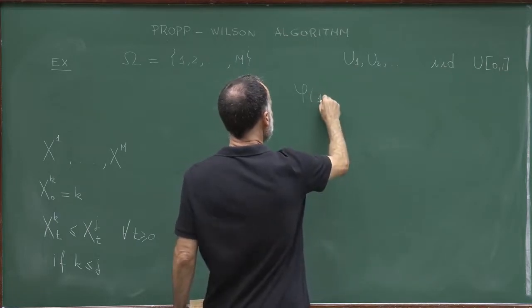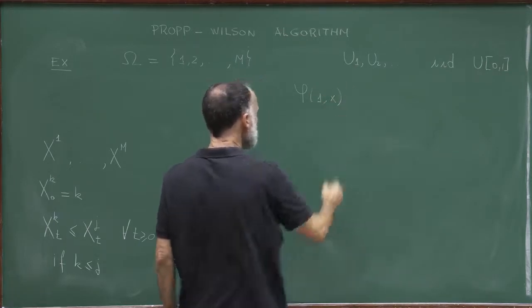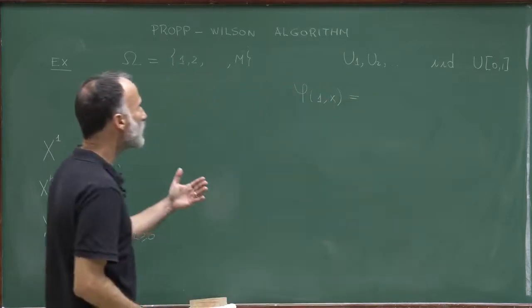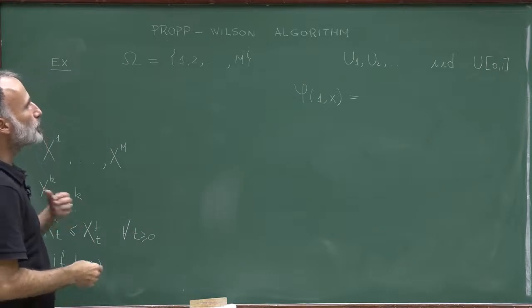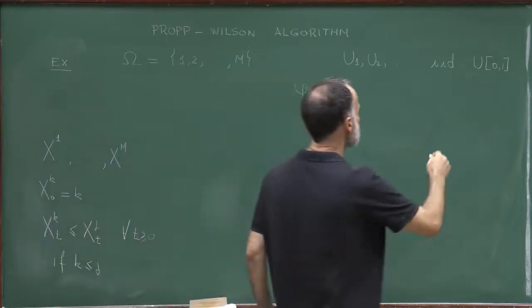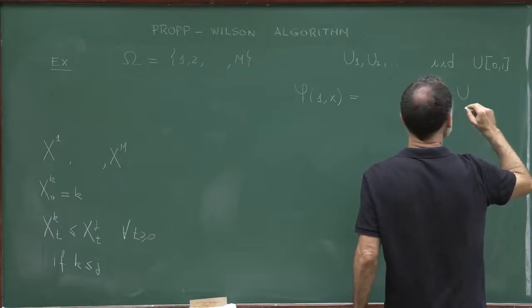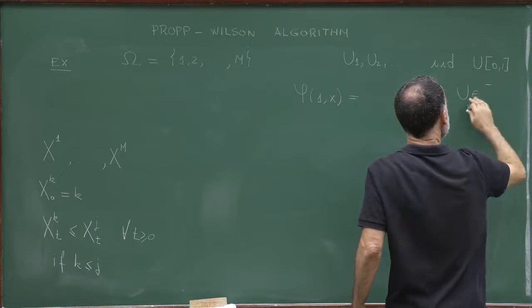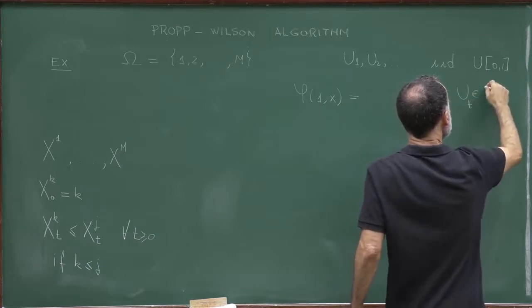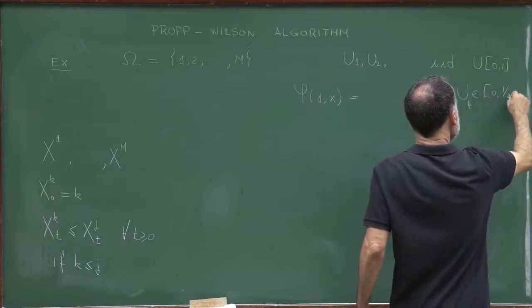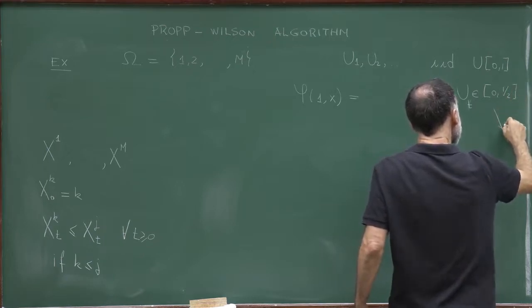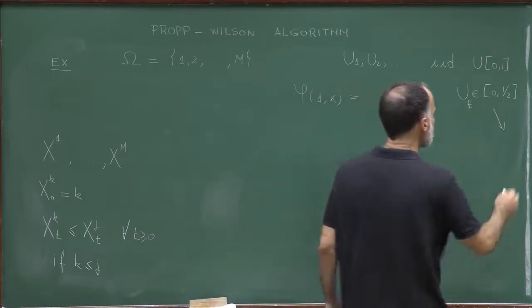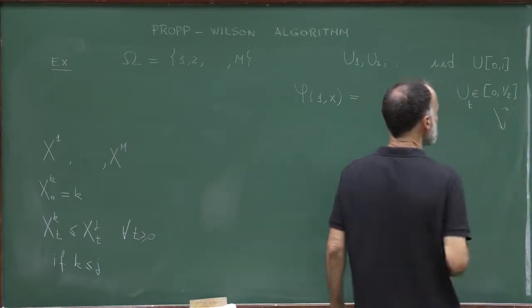If the value of this random variable u belongs to the interval 0, 1/2, the Markov chain will try to decrease its value, or if it's not possible to decrease its value, then it will keep it constant.